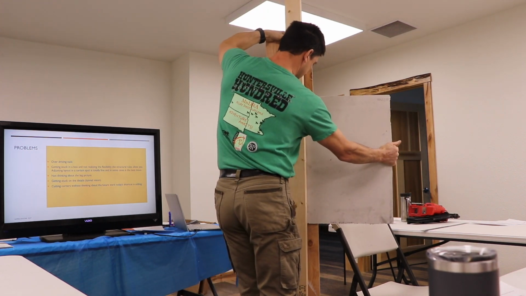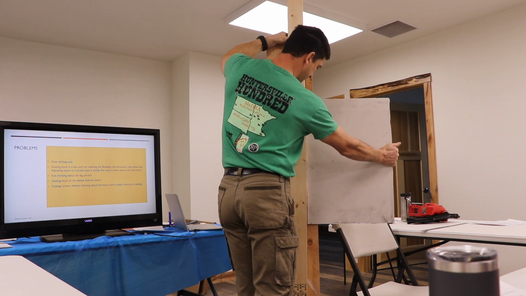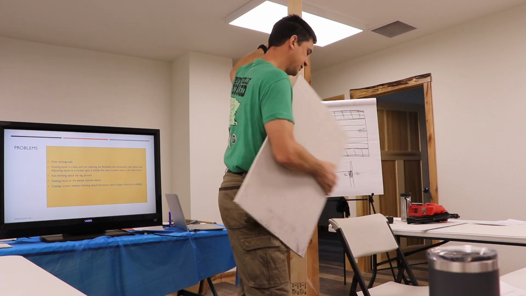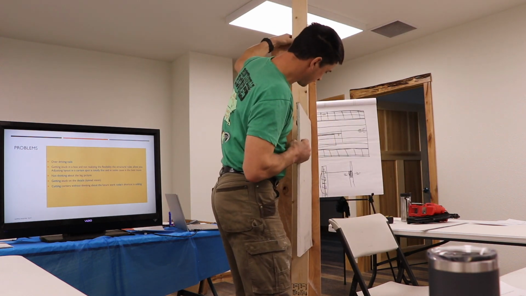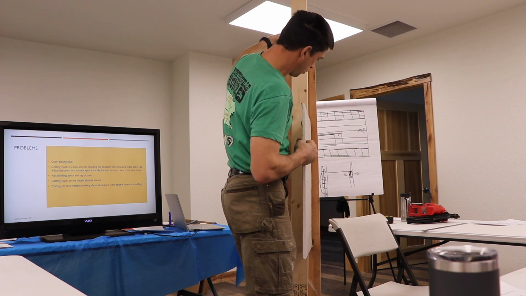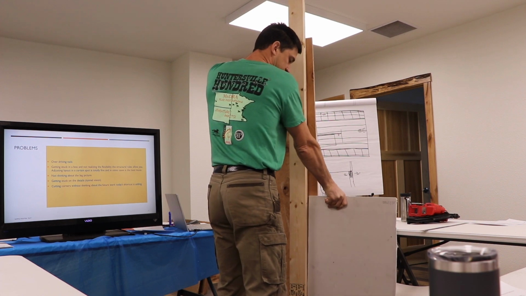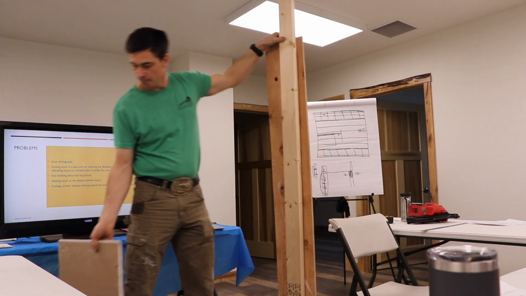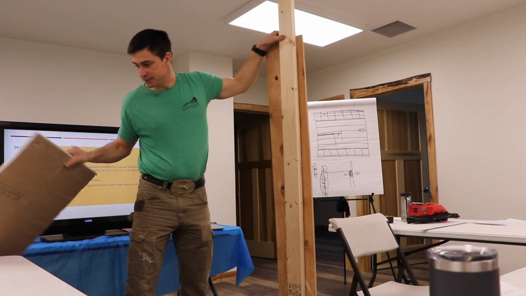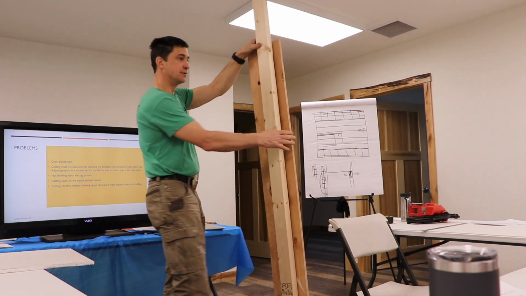Like that. And then I put the sheet in this way, screw it into this piece, or put this one on first, and then this one. And that works, and it's been done for many, many years.